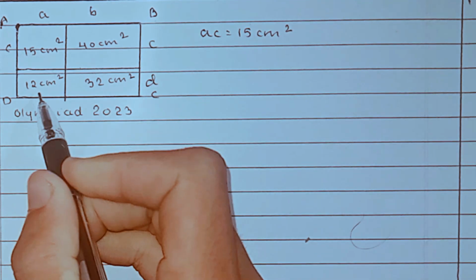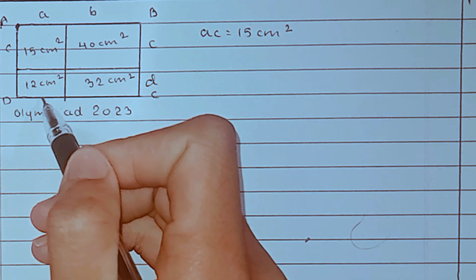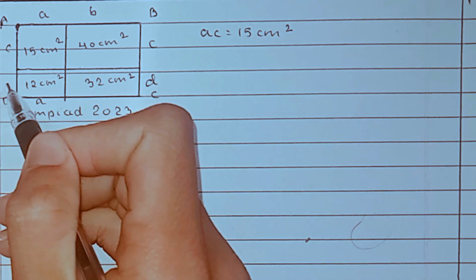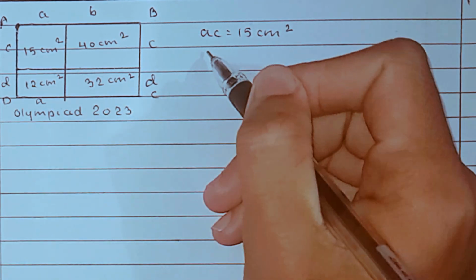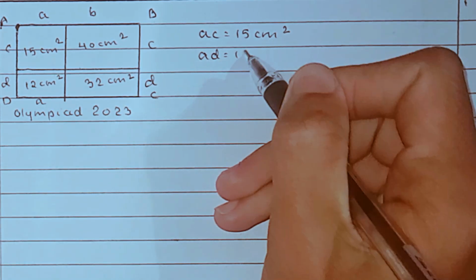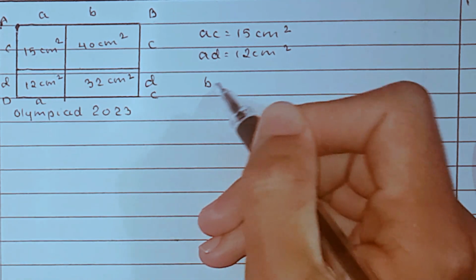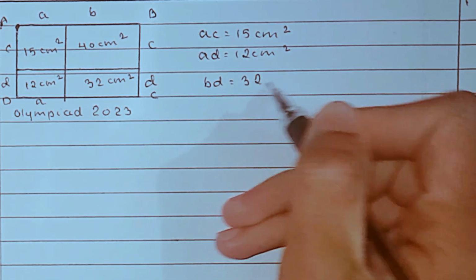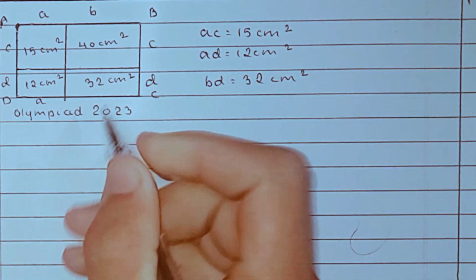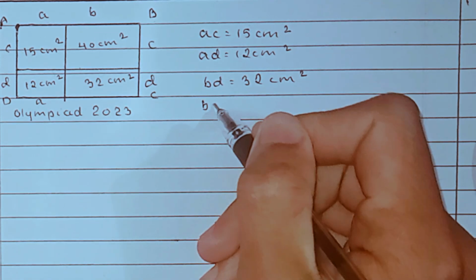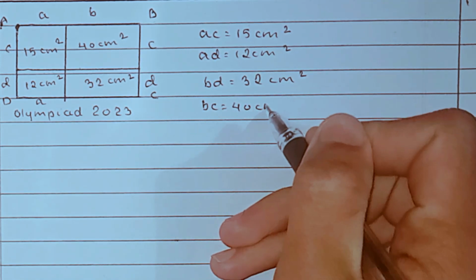For the other part, the downward part will be A and the other side D, so AD equals 12 cm square. Similarly, BD equals 32 cm square, and finally BC equals 40 cm square.